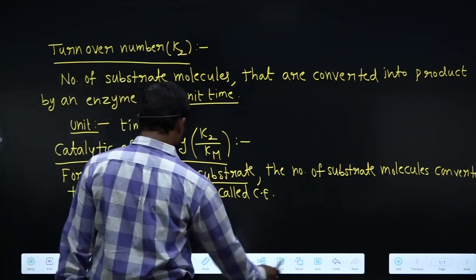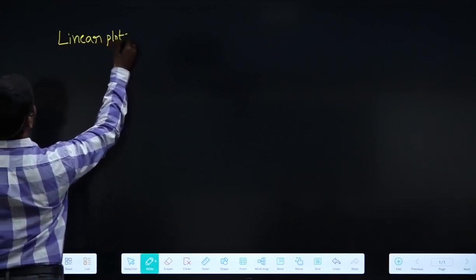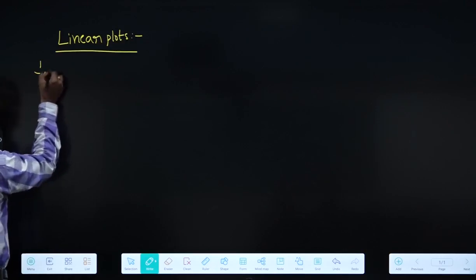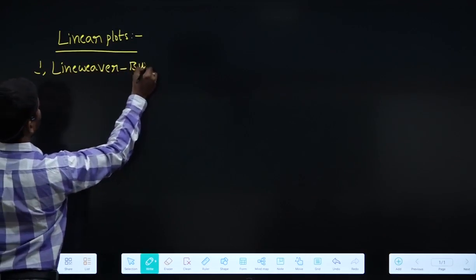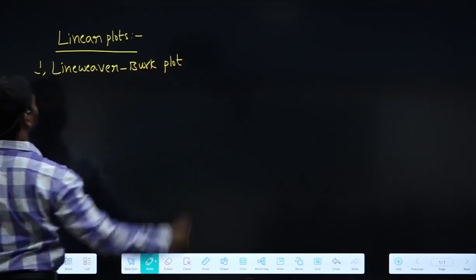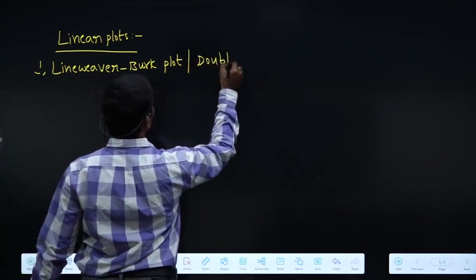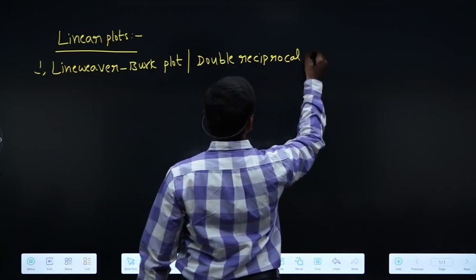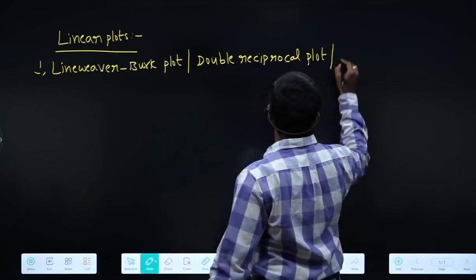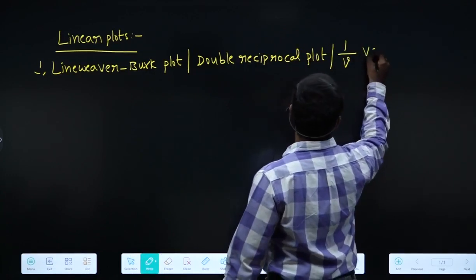Okay. Next we see linear plots. In that, the first one is the Lineweaver-Burk plot. This is also called the double reciprocal plot, since we take the inverse of rate versus the inverse of substrate concentration.